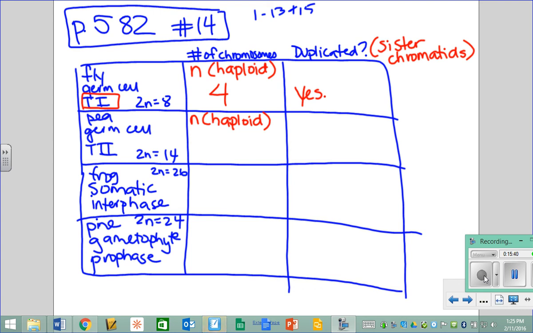In meiosis II, it looks essentially the same as mitosis, where the number of chromosomes stays the same. That means that if my diploid number was 14, my haploid number would be 7. At this point, do I have duplicated chromosomes? No. Meiosis II, after it occurs, the sister chromatids have been pulled apart.